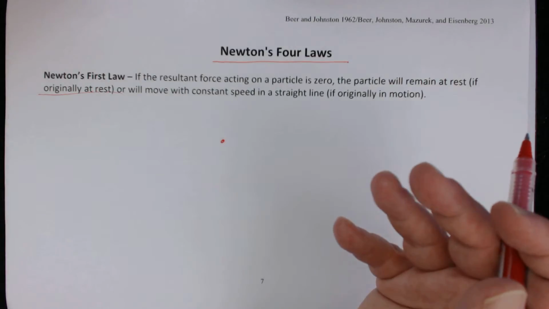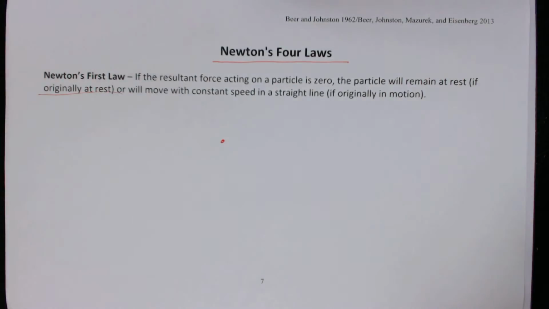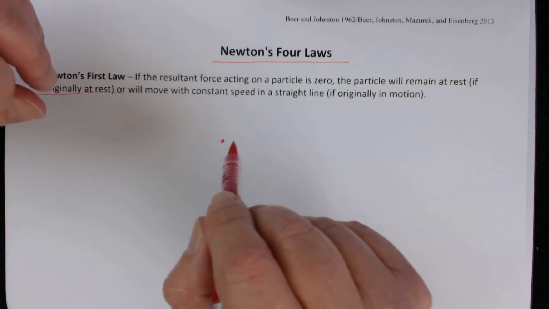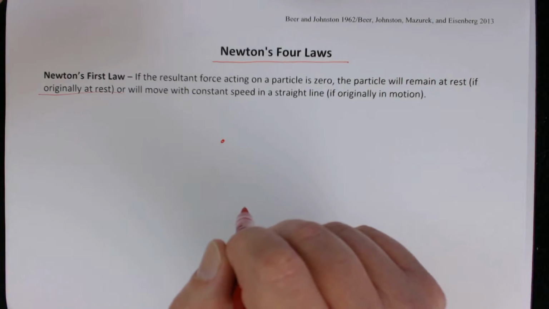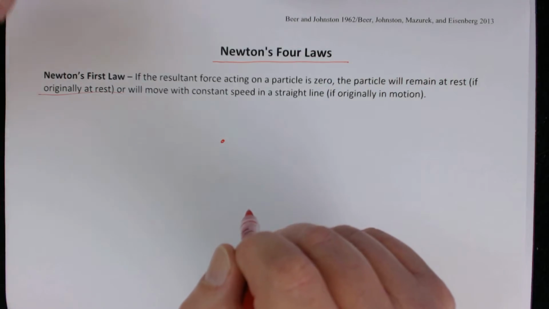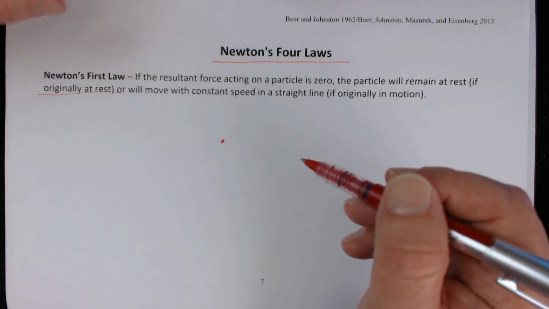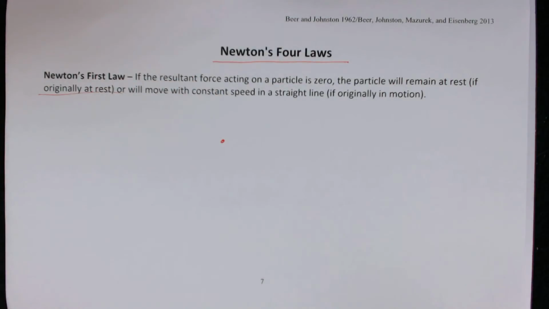Maybe it's only dependent upon the mass. Well, how small does something have to be to be a particle? Well, it depends, just like everything else in the world. If you're looking at the solar system and thinking about the Earth rotating around the sun, it's probably okay to say that the Earth is a particle. And as big as the sun is, it's probably okay to say that it's a particle too, because we're many millions of miles away from the sun, so the diameter of the sun with respect to the distance between the sun and the earth is so large that maybe we could say it's a particle and maybe we could say the earth's a particle.